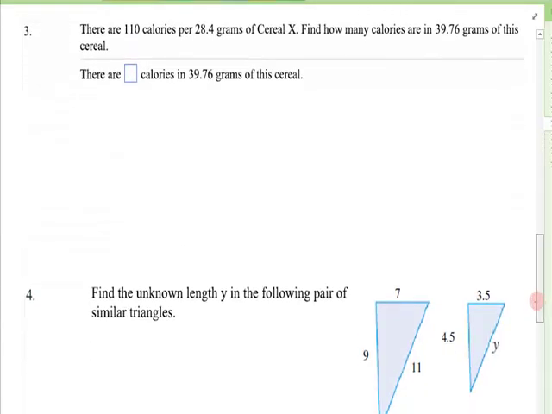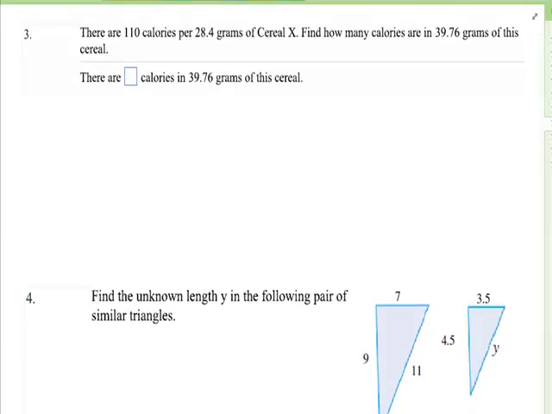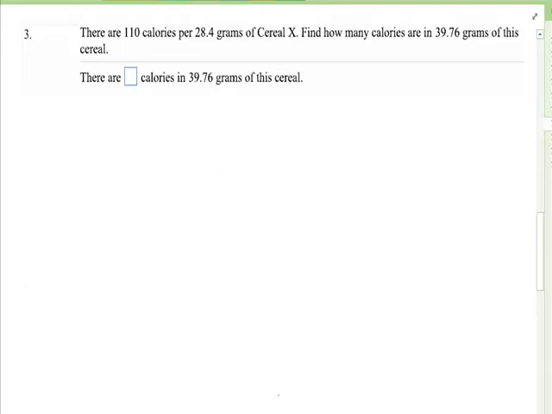This is an application problem, but you'll see, I think, that application problems that involve proportions are not too difficult to solve. What you're going to hear in this is a comparison. There are 110 calories per 28.4 grams of cereal.